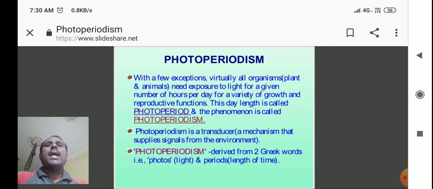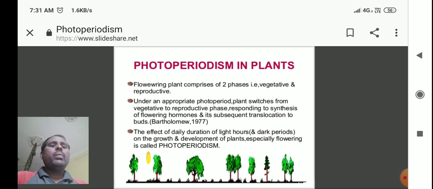Some plants need to be exposed to sunlight for a particular duration of time to induce flowering. This is the response behind the seasonal blooming of flowers. For example, tulip flowers in spring and lily flowers in winter. Flowering plants comprise two phases, vegetative and reproductive.